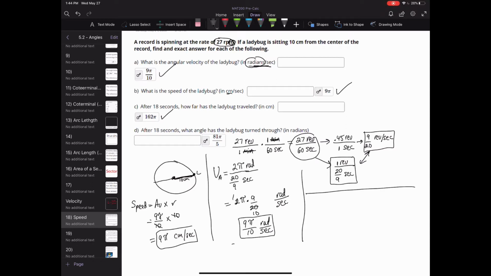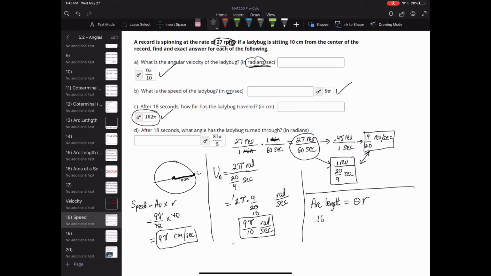Alright, so they want to know after 18 seconds what angle has the ladybug turned through in radians. Okay, so they want the angle in radians. Now, we know that after 18 seconds it went through 162 pi centimeters. So we can use the arc length formula, and we know that's equal to the angle times the radius.